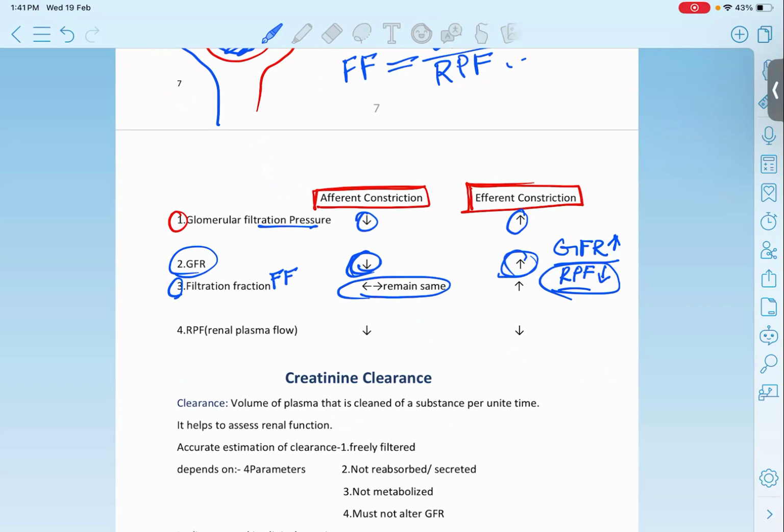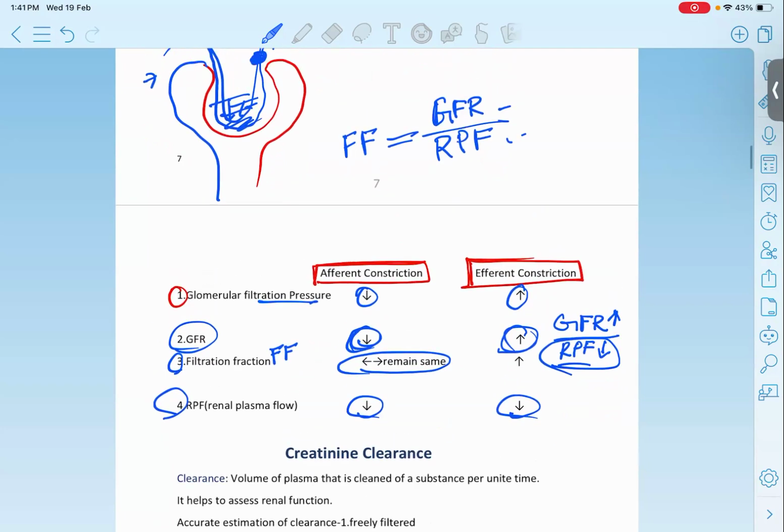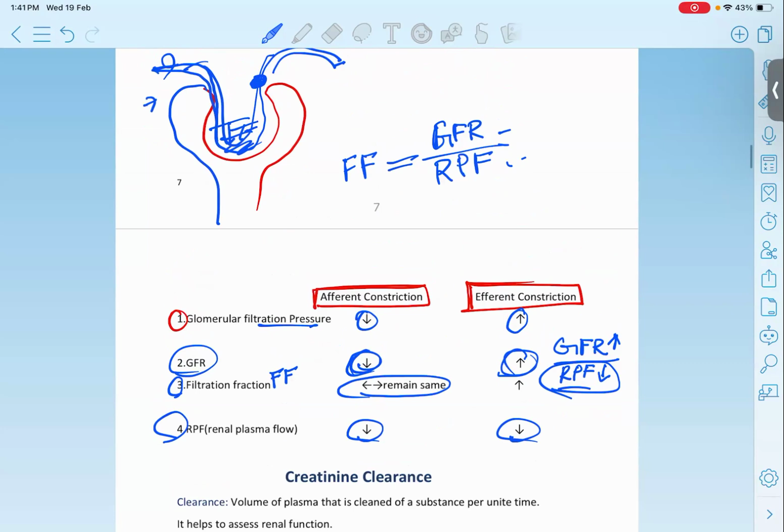And lastly, the renal plasma flow or RPF. Renal plasma flow is dropping if there is an afferent constriction, and in efferent constriction also renal plasma flow is dropping, because as I told you, renal plasma flow means blood has to go inside the afferent, pass through the capillaries, and then come out through the efferent.